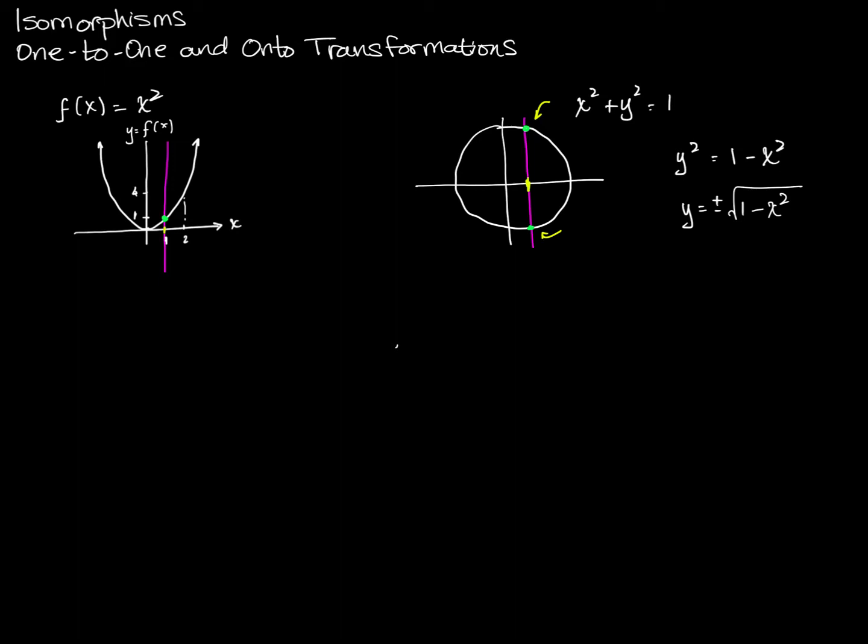So there are actually two parts to this. We have the positive square root of 1 minus x squared, and we have the negative square root of 1 minus x squared.